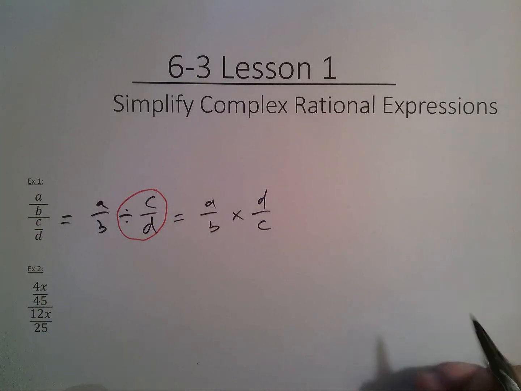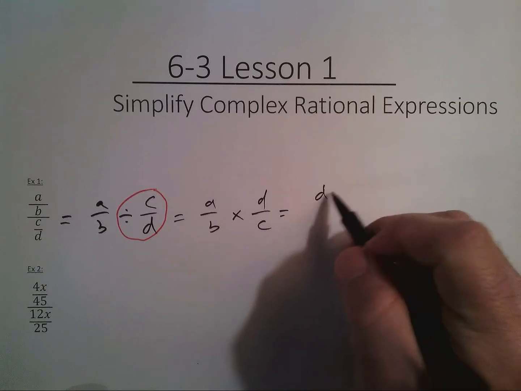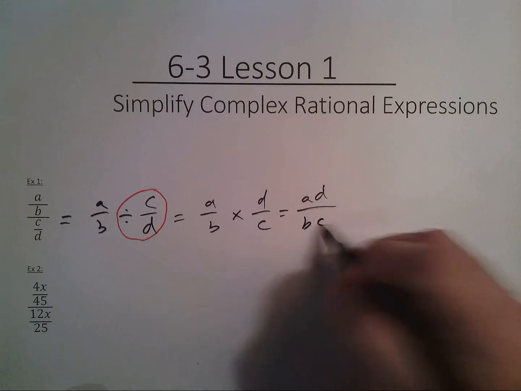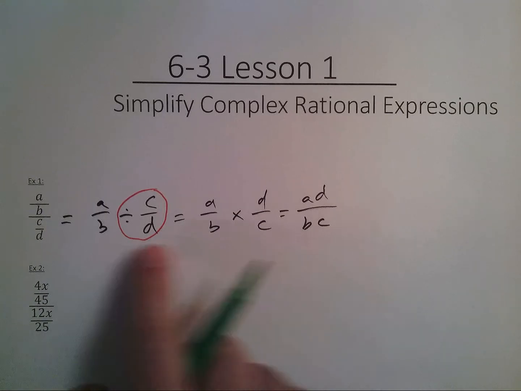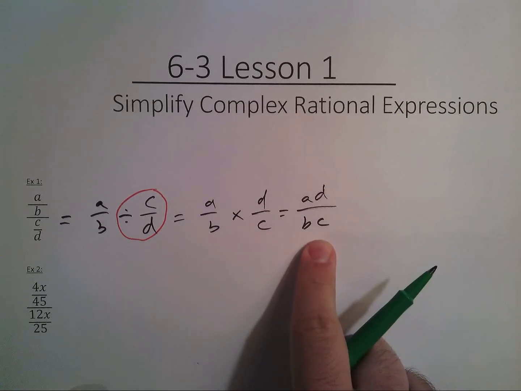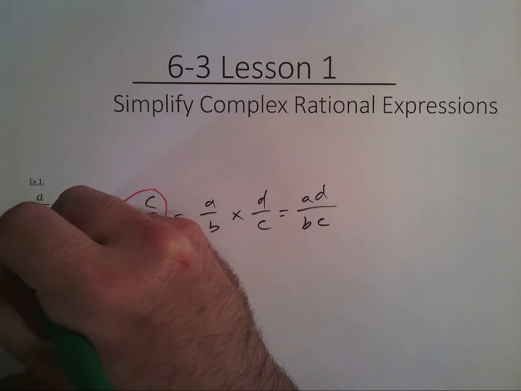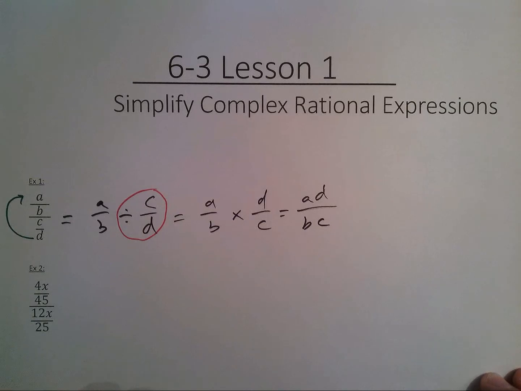As you can recall, anytime you have fractions, you multiply straight across. So this becomes A times D divided by B times C. Now, hopefully you've seen this shortcut before, but in essence, with this division, multiplying by the reciprocal, and then simplifying, I've taken the very top and the very bottom of my complex fraction, that's a fraction divided by a fraction, and multiplied them together.